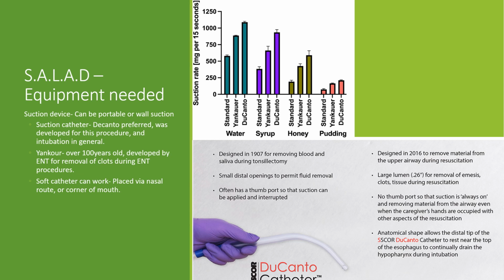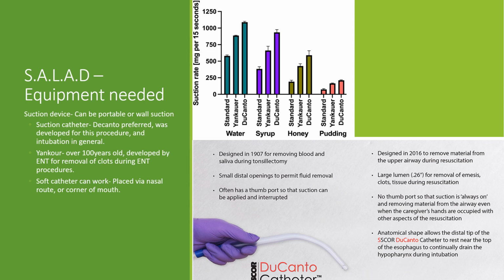The one thing about the Big Stick ones that we have in here for training is that they do have the suction hole that you need to place your thumb over or put a piece of tape over for this procedure. There's a number of different issues with this as opposed to the DuCanto itself, which is probably the overall best one, but very effective overall.